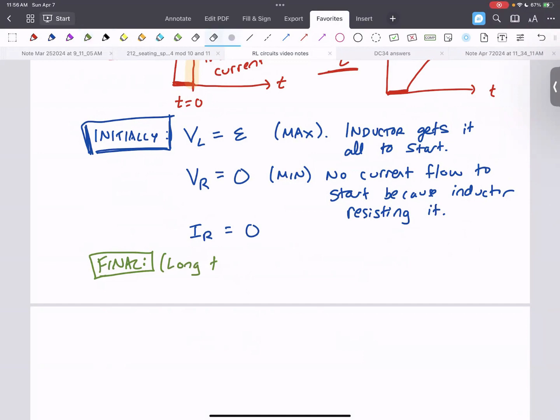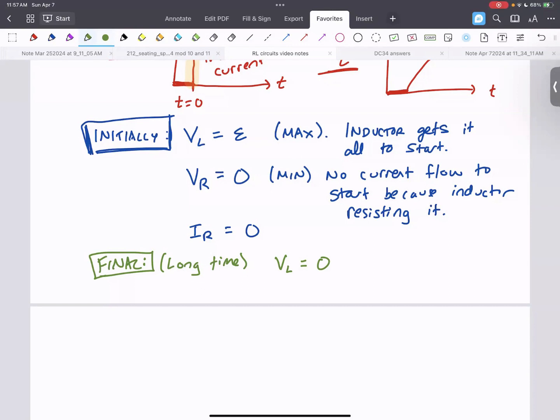So after a long time, then we're going to have the case where V sub L is going to be equal to 0 because there's basically no change after a long time happening.